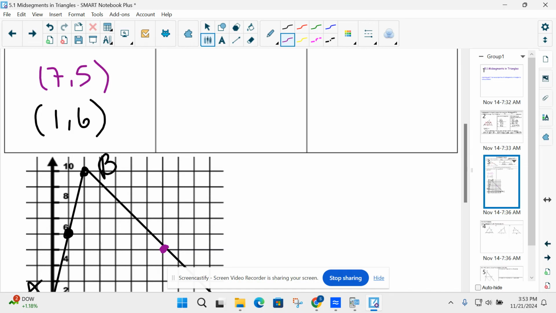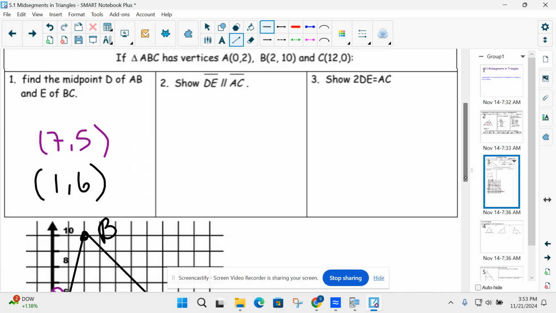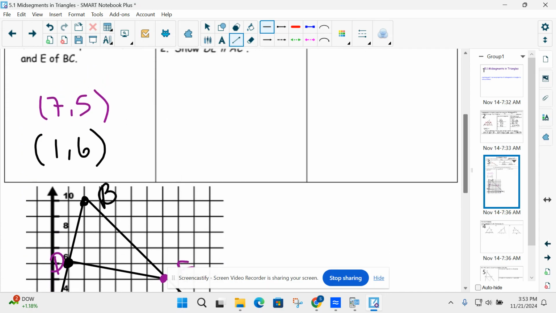We can call this D and this E, and then we can construct the midsegment. Then show that DE is parallel to AC, so you would just find the slope.